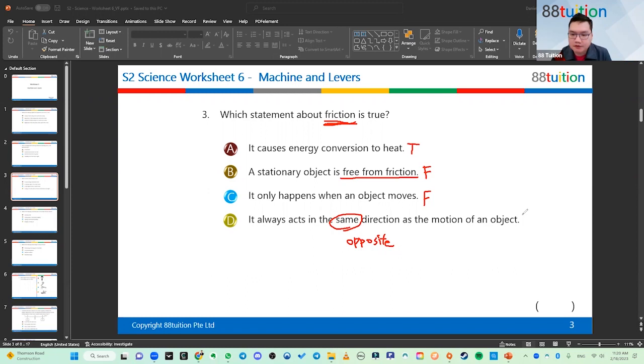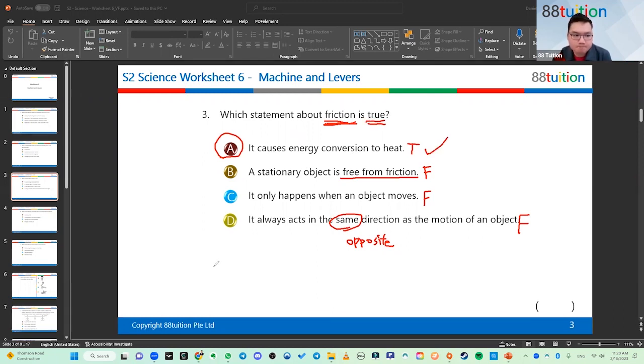So this one is also false. So the odd one out here is A: it causes energy conversion to heat. So that one is the true statement.